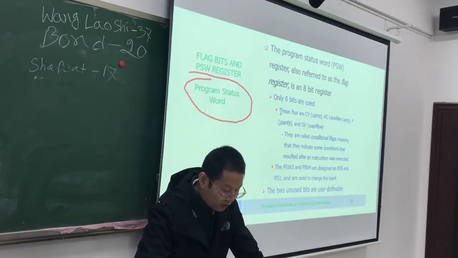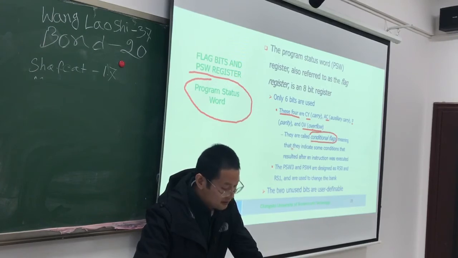These 4 are CY, AC, P, and OV: carry bit, parity bit, and overflow. They are called conditional flags, meaning they indicate some condition that resulted after an instruction was executed.